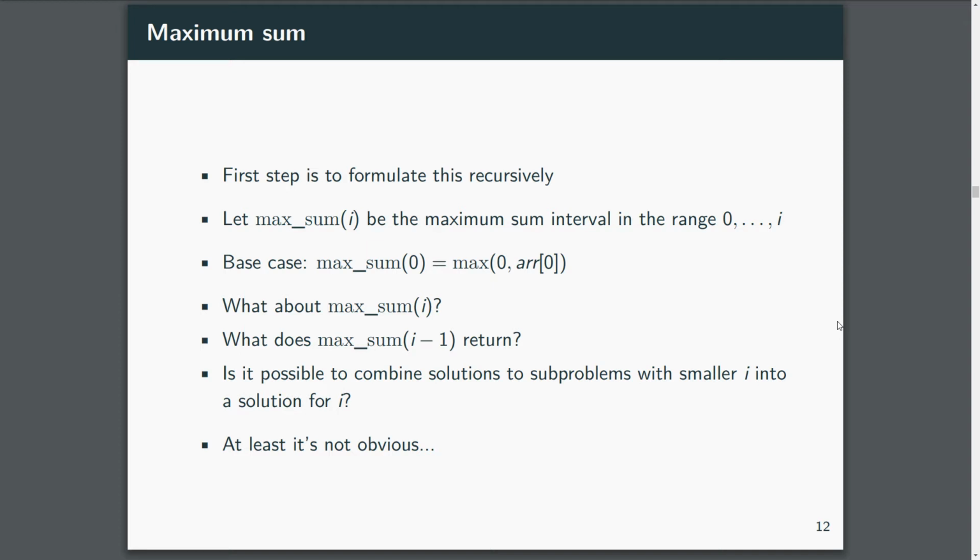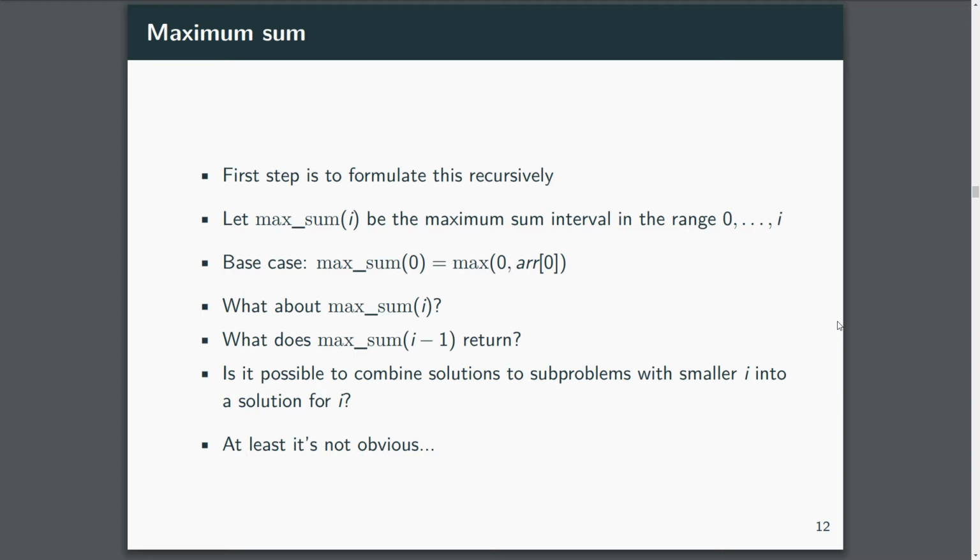Because if our base case is 0, so if we didn't take the first element, how do we know that it's part of the solution at the next step? I wouldn't say with this formulation it's easy to combine subproblems.